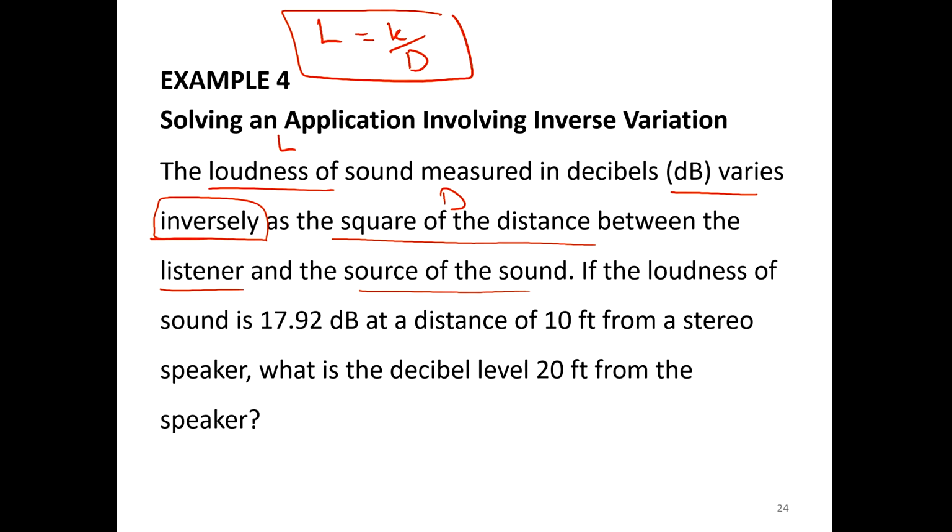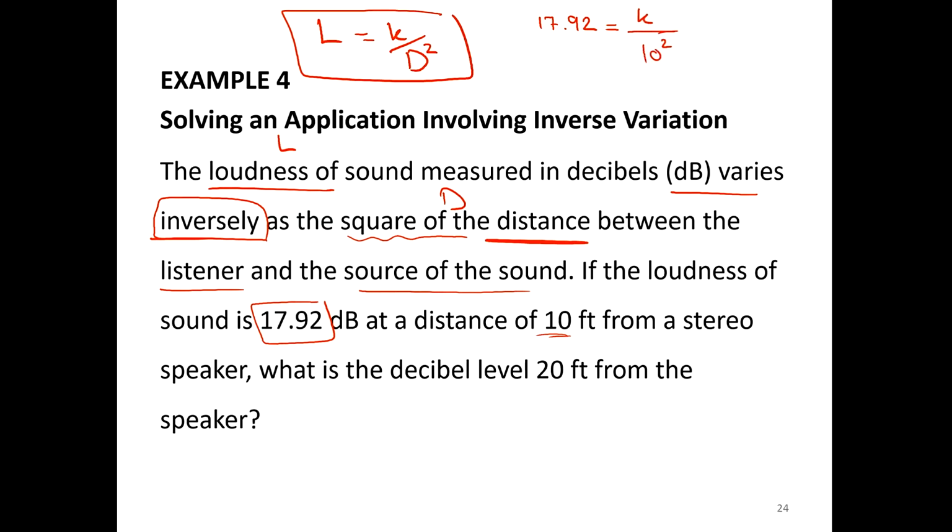So now we need to find the constant of variation K. If the loudness of the sound is 17.92 decibels, the distance is 10, so we have 10 squared.